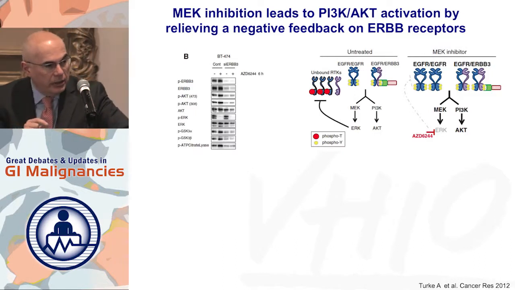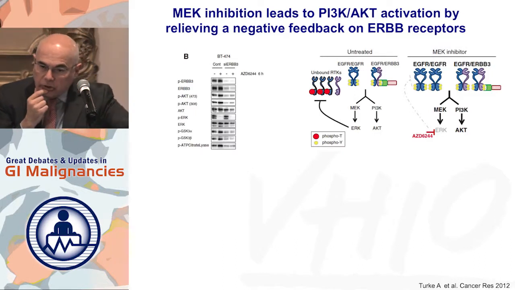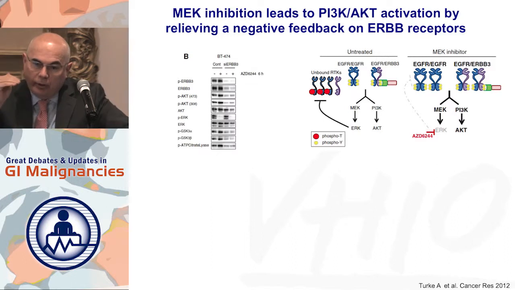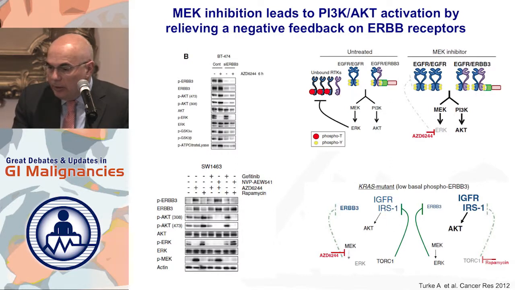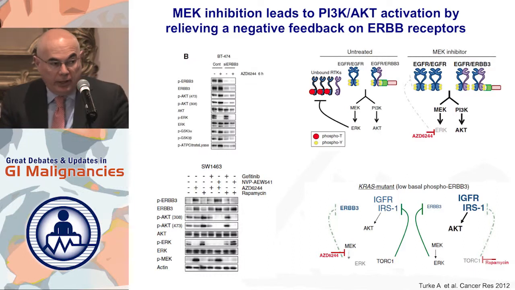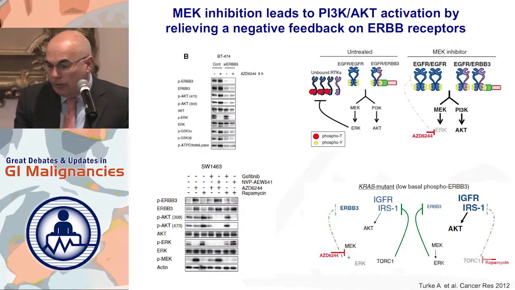Several preclinical studies raise a hypothesis that when we have tumors with RAS mutations and we treat them with a MEK inhibitor, we may have immediate upregulation of receptors, as was the case in the BRAF population. In this particular case, the data shows that the most intriguing candidates may be members of the HER family of receptors, especially HER3, but also the insulin-like growth factor receptor.